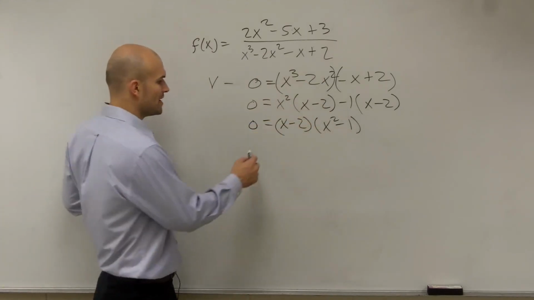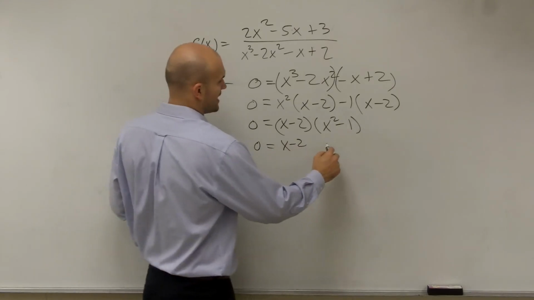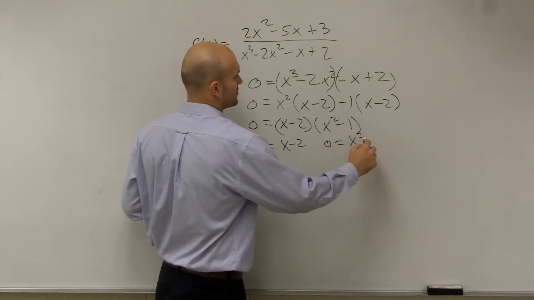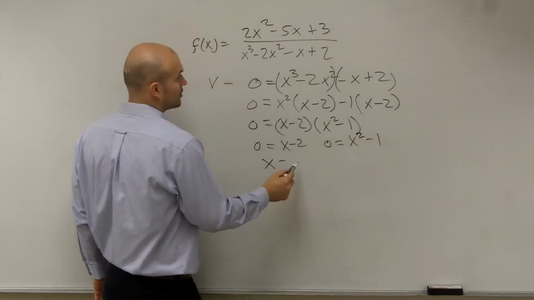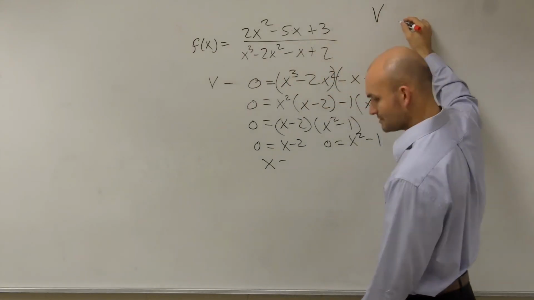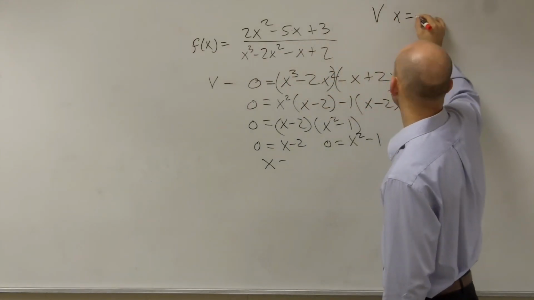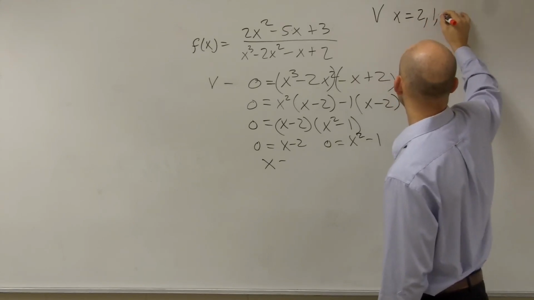Now I can use the zero product property, and I could say 0 equals x minus 2, and 0 equals x squared minus 1. So my vertical asymptotes, which I'm going to write up here because I'm going to have to erase this, are when x equals positive 2 and 1 and negative 1.